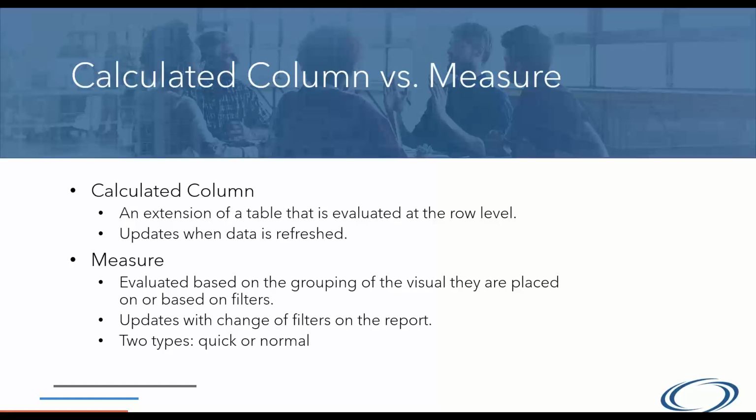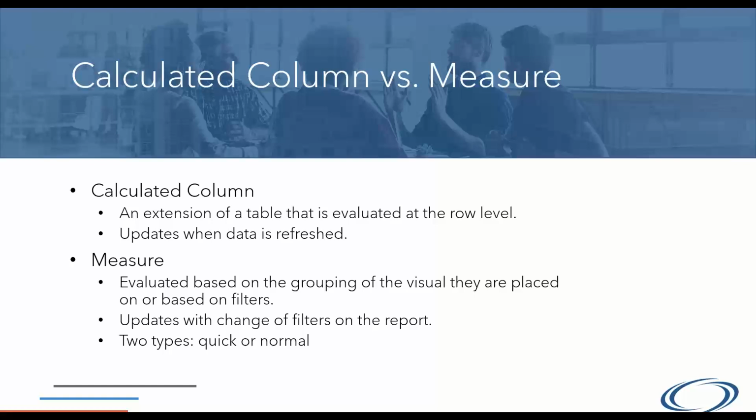So a couple of things to think about. Why would you choose a calculated column over a measure, or vice versa? Why would you want to use a measure? There really isn't a hard rule. In some instances, you probably could use either a calculated column or measure to get the end result on your report.